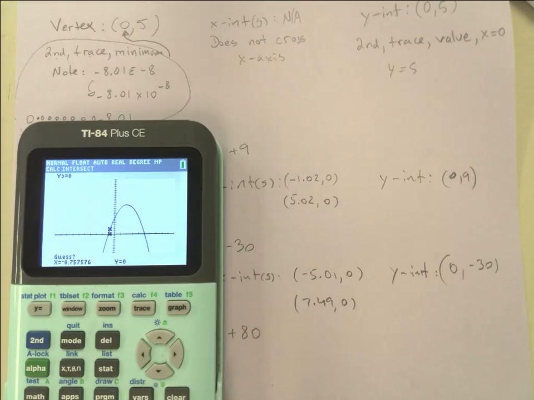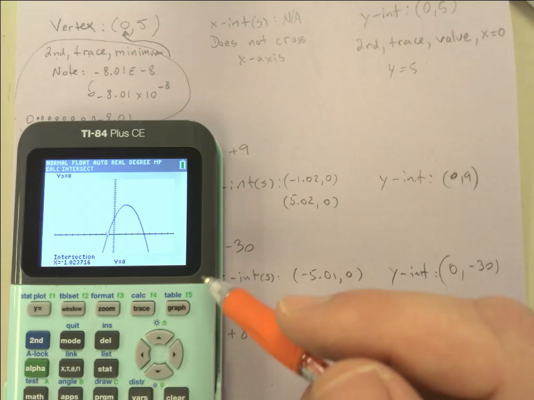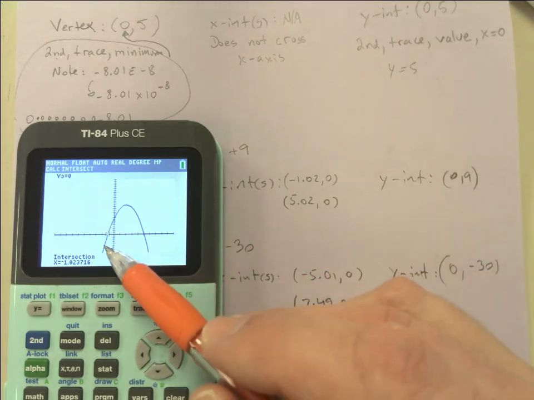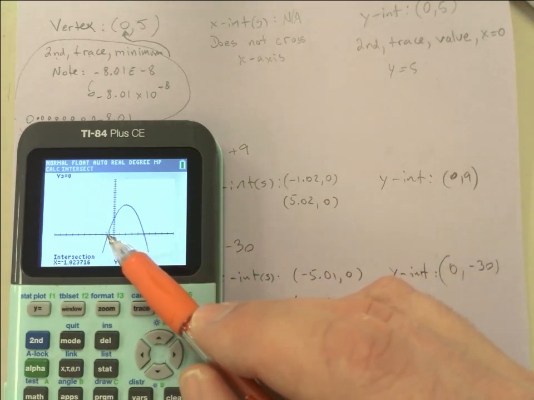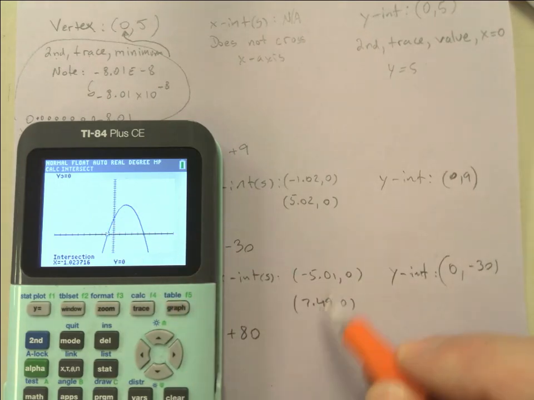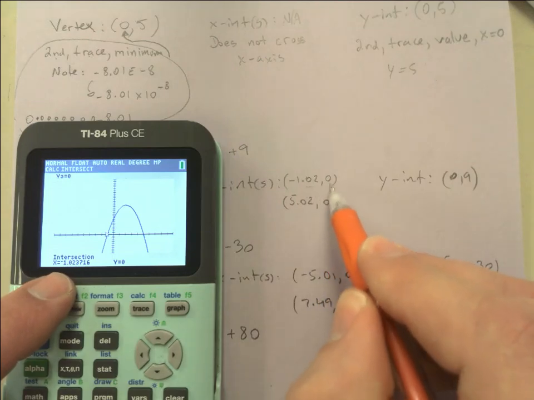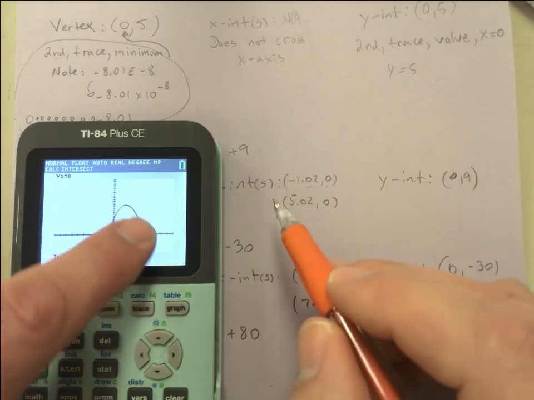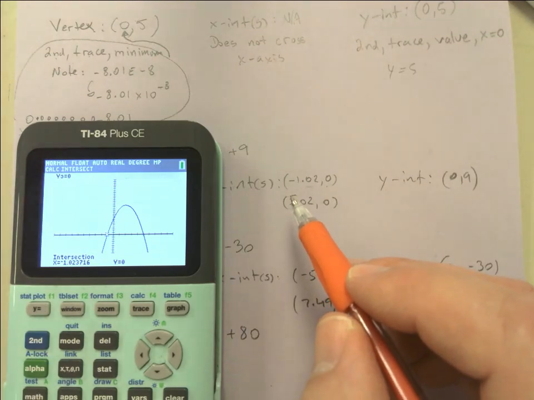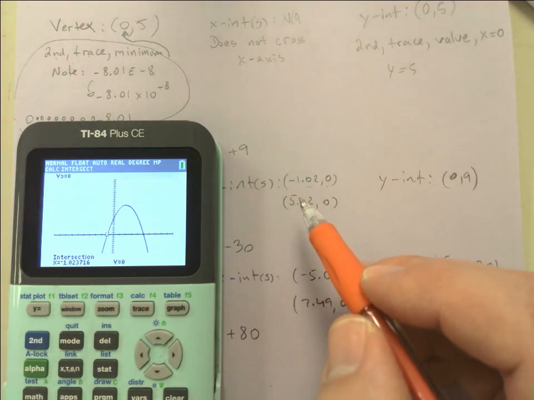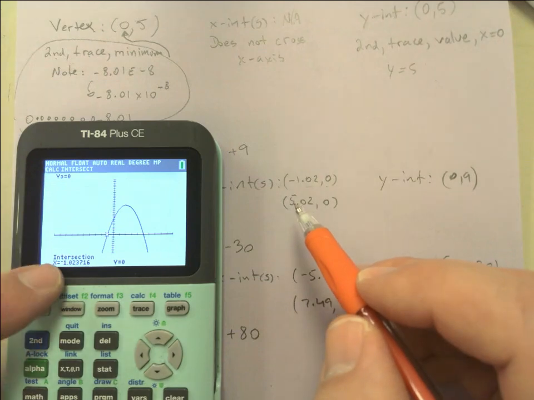Enter, enter, enter. You're giving it a point on the first curve, you're giving it a point on the second curve, and then you're letting it find it for you, okay? So that's where I got my first intersection. It's negative 1.02, 0. Please don't just go over with your cursor and try to estimate it. You're not going to get the marks. You have to show me the exact, okay?